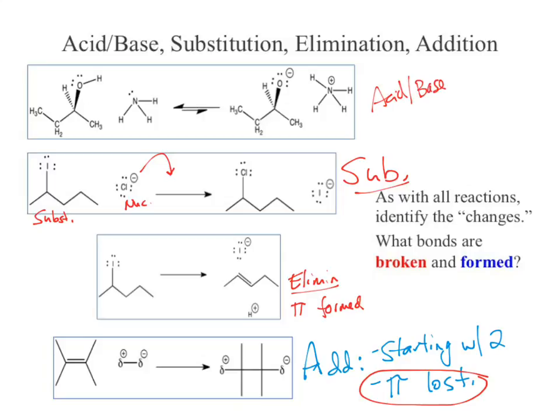The acid-base ones can be a little bit trickier, typically because we can run acid-base reactions at the same time that we're doing something else, which I think is where you're going with that. But if it is strictly an acid-base reaction, it must involve hydrogens.